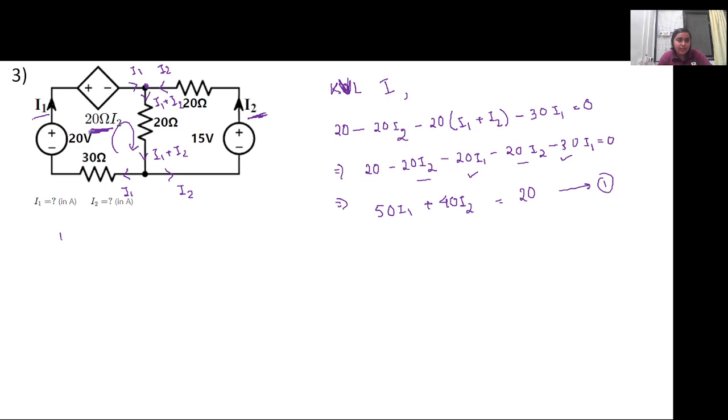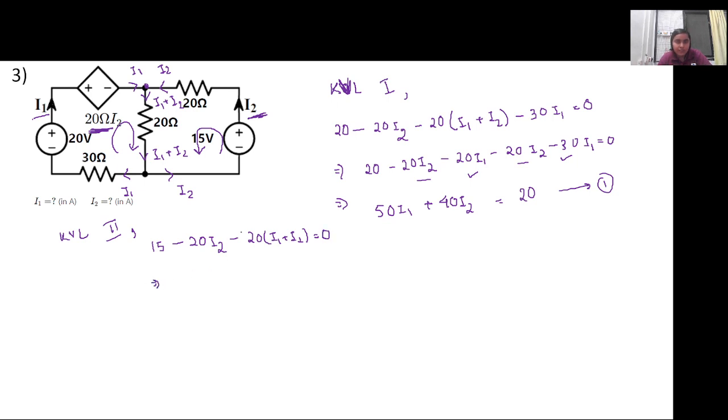Then again applying KVL at loop 2, moving in this particular direction, it is 15 volt minus 20 I2 minus 20 into I1 plus I2 equal to 0.